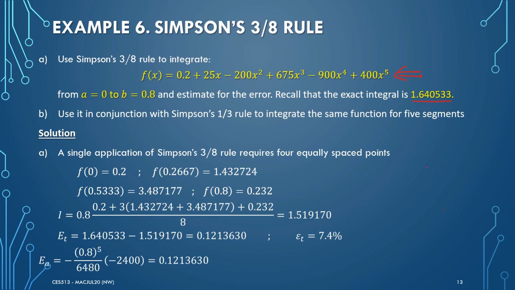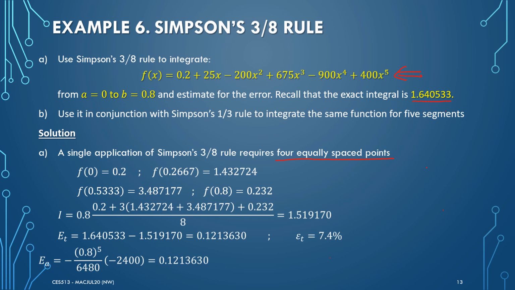And then part b, use it in conjunction with Simpson's 1/3 rule to integrate the same function for 5 segments. So that means you need to combine the Simpson's 1/3 rule and Simpson's 3/8 rule. A single application of Simpson's 3/8 rule requires 4 equally spaced points.